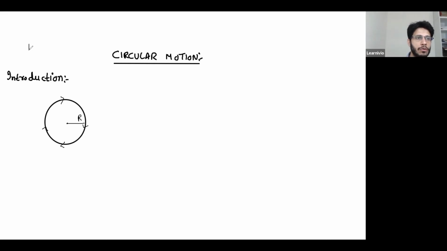Up to now, whatever we have studied in kinematics, the body was moving in a straight line. But now your body will move on a circular track. In straight line, we studied displacement. But instead of displacement, now we will do angular displacement.